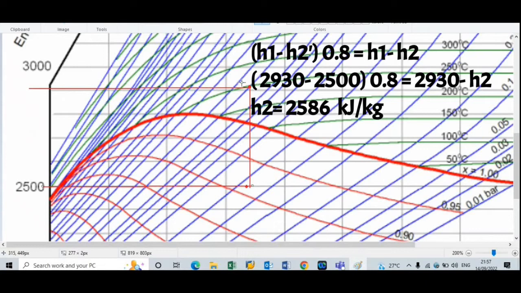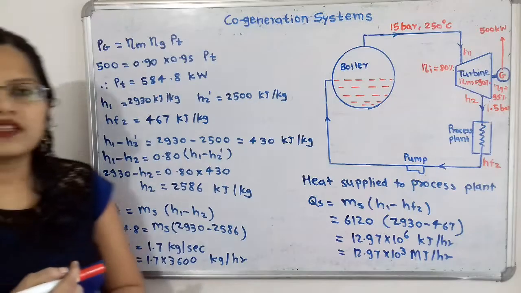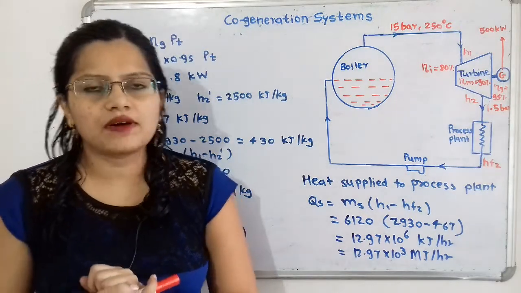So there is the formula (H1 minus H2 dash) into 0.8 is equal to H1 minus H2. Now here the values of H1 and H2 dash are known, and only one unknown value, that is H2. So the value of H2 is 2586 kilojoule per kilogram.